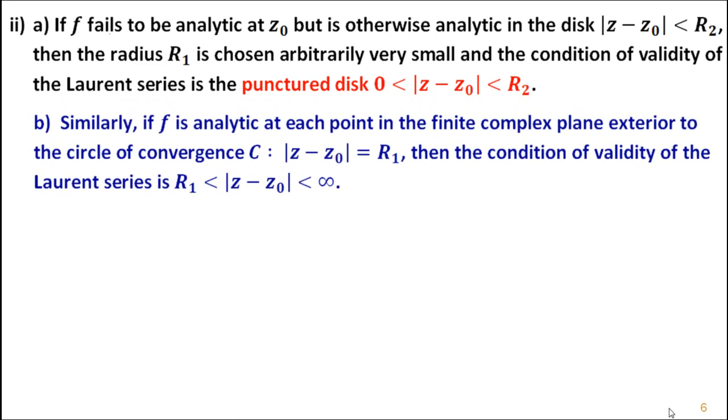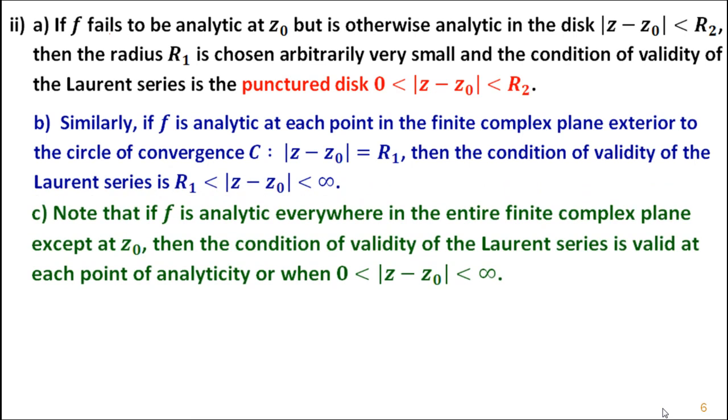Similarly, if f is analytic at each point in the finite complex plane exterior to the circle C, that is |z − z0| = r1, then the condition of validity of the Laurent series is r1 < |z − z0| < infinity.